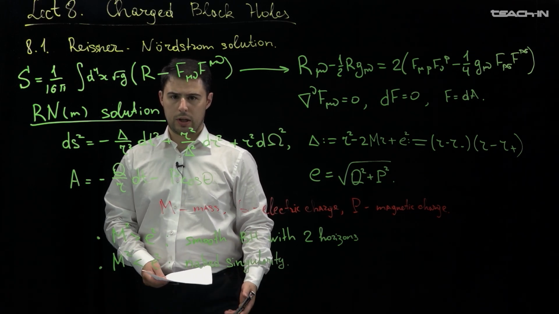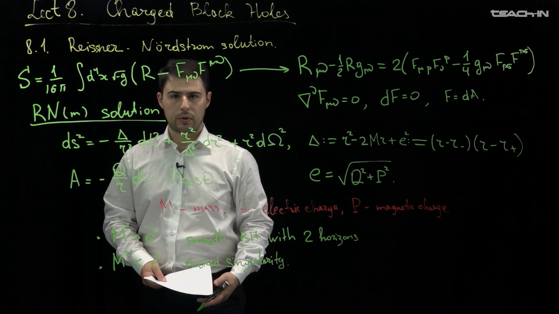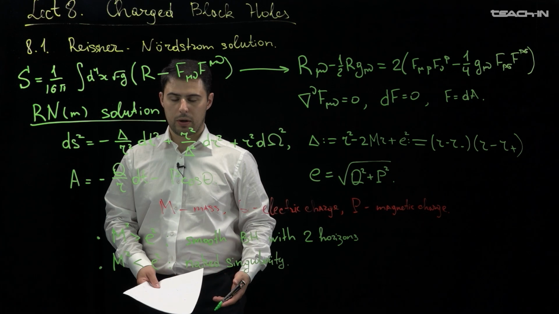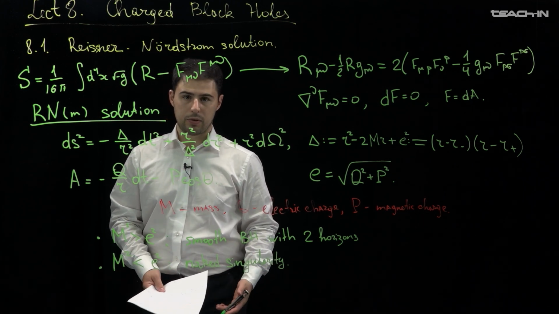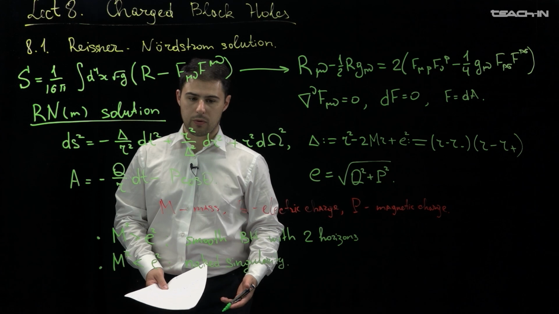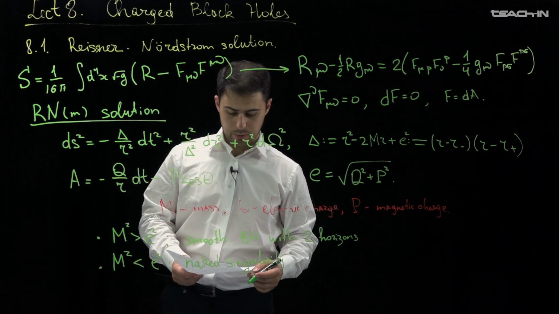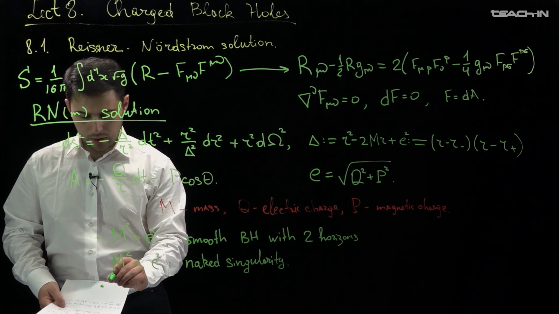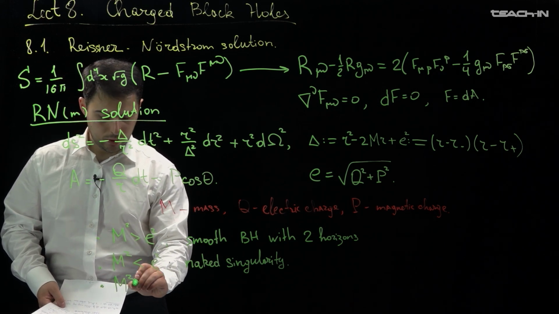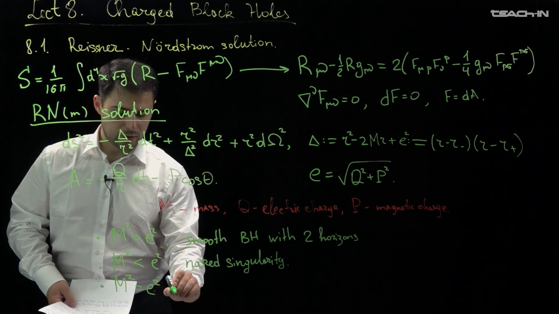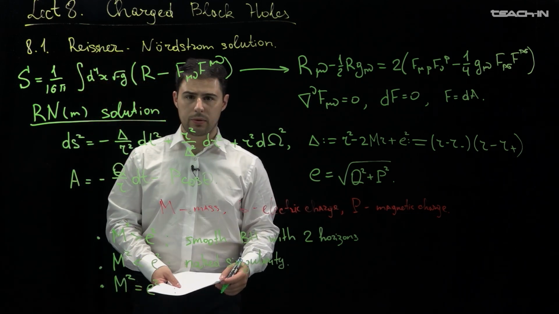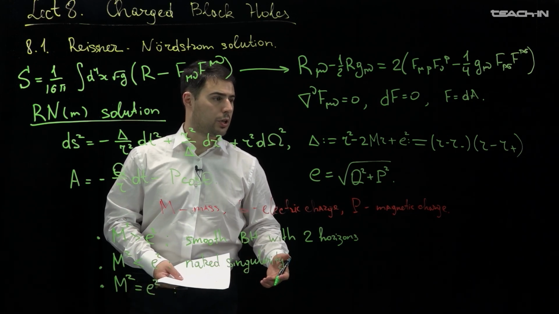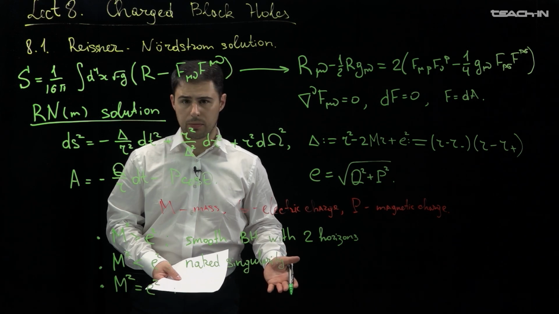In real gravitational collapses, the gravitational attraction of the matter would be overcome by the electric repulsion if the charge dominates over mass. And the final situation is where these two things are balanced. In this case, we have a smooth black hole with a single horizon, which comes from the two horizons merging into one.